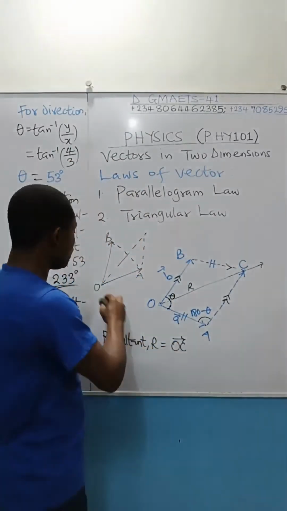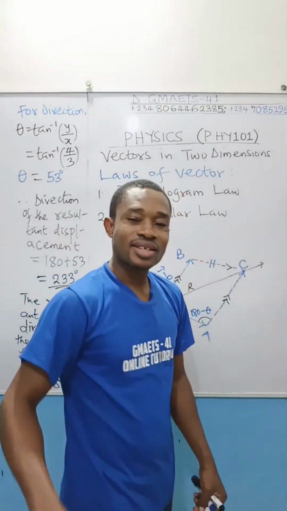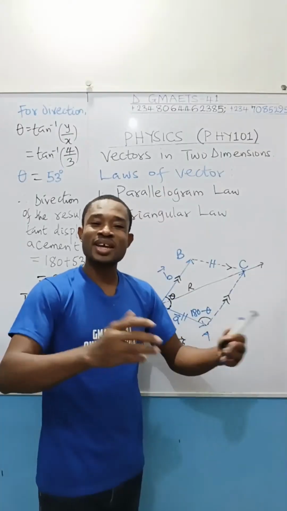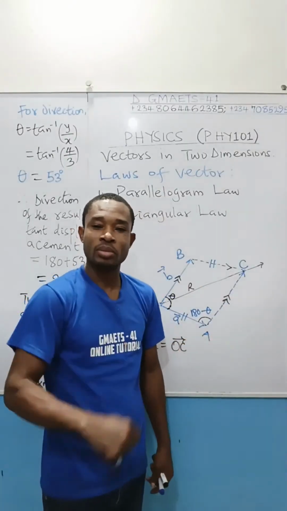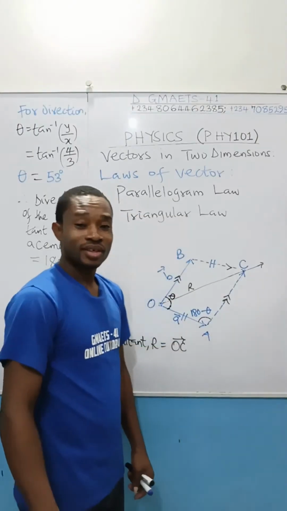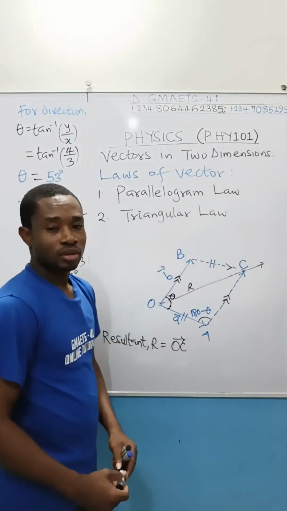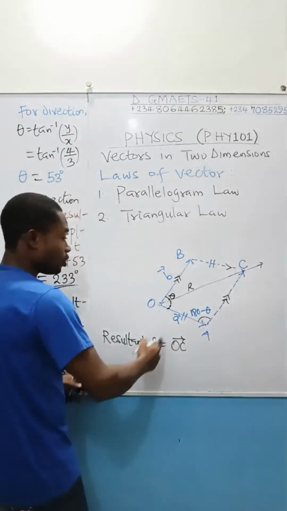So here, the knowledge of the cosine rule will be used. But I'm still insisting that the cosine rule is an extension of the Pythagoras formula. Yes, that formula you know as the cosine rule, which you use for other triangles that are not right angle triangles. So we go.